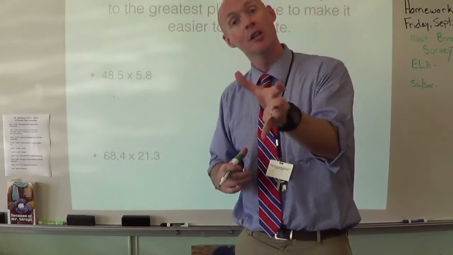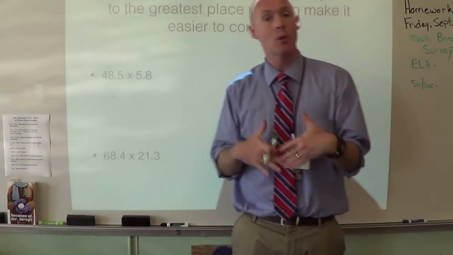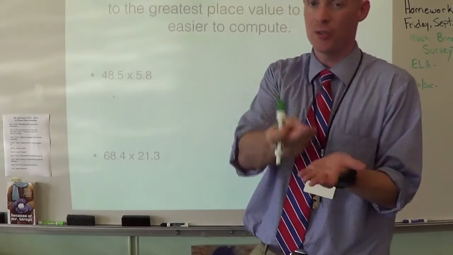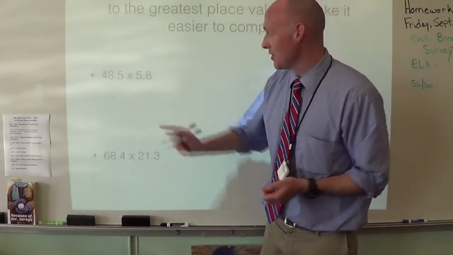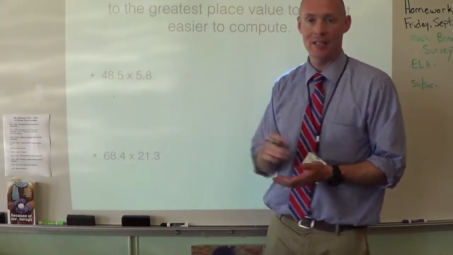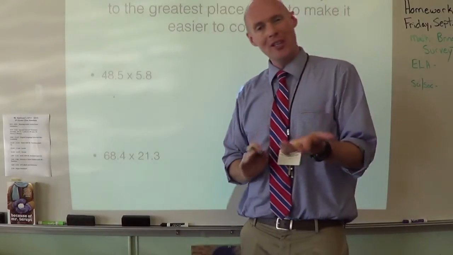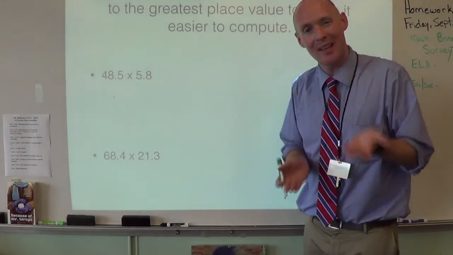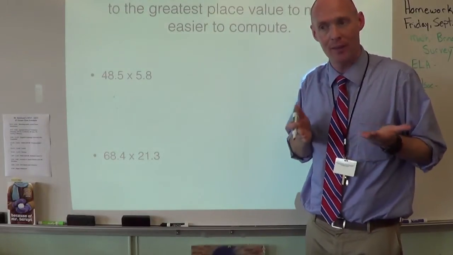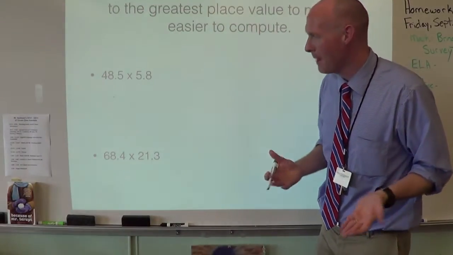Now, this part can get a little bit tricky, and that's okay. That's why we're going to work on it in class, but I just want to introduce it to you now. I have 48 5/10 times 5 8/10. If the question asks us to estimate, we want numbers that are easy to work with. Otherwise, what's the point in estimating?